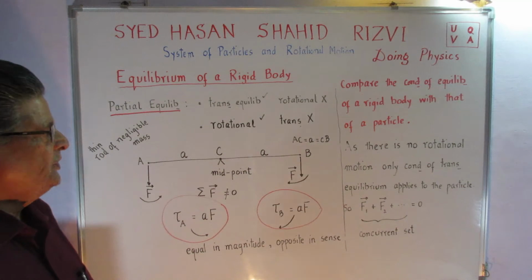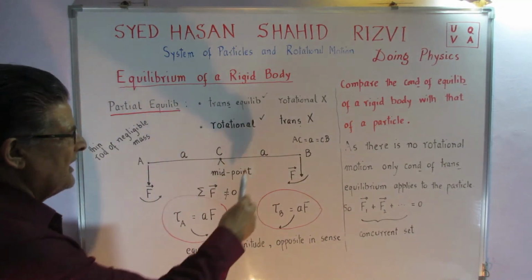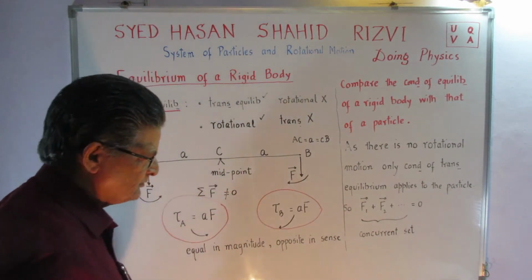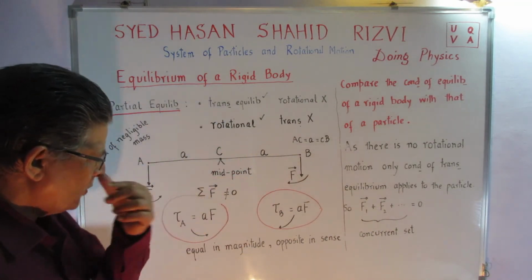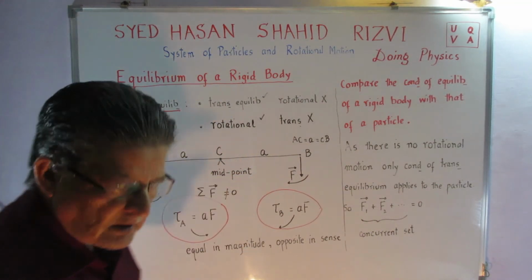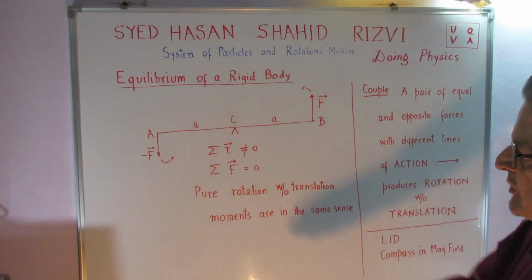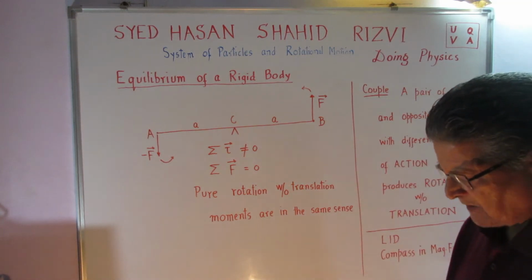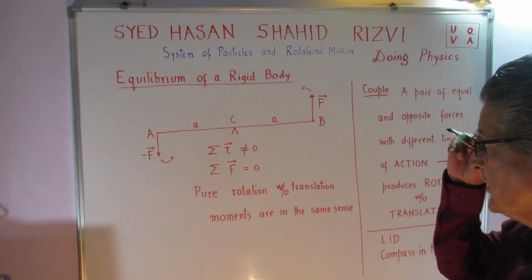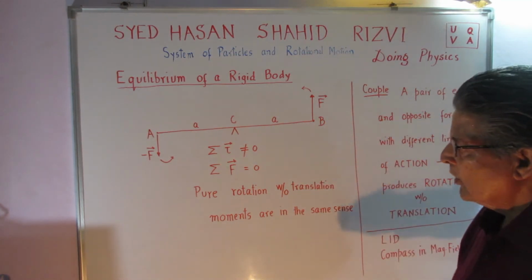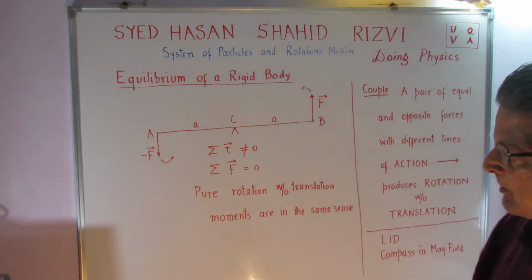What I can do now is that while this force is in this direction, I can take a force in this direction, equal but opposite to this force, which I am going to show you with the help of another drawing. This is the same rod, thin, massless, rigid, not flexible, of length 2a, with the central point like in the other example.